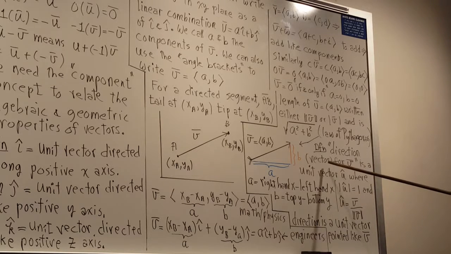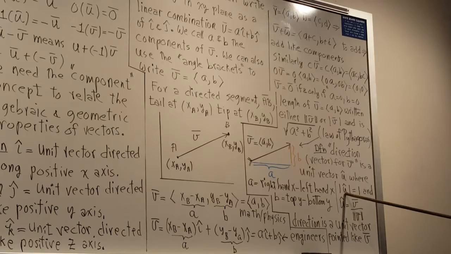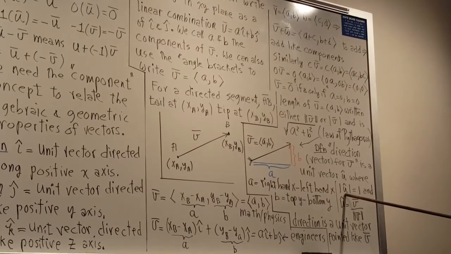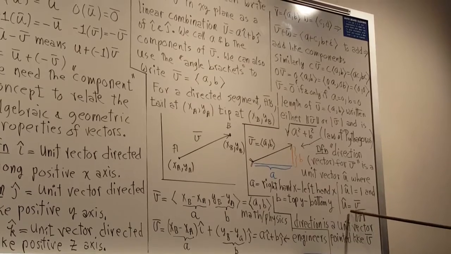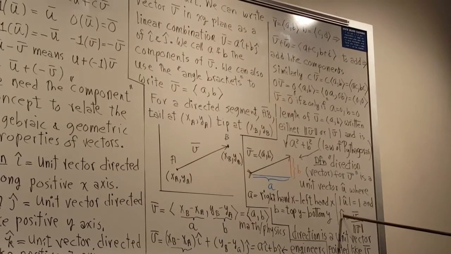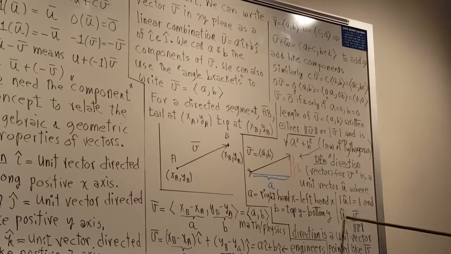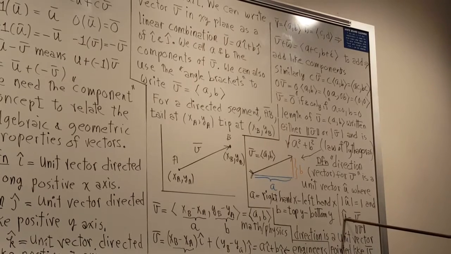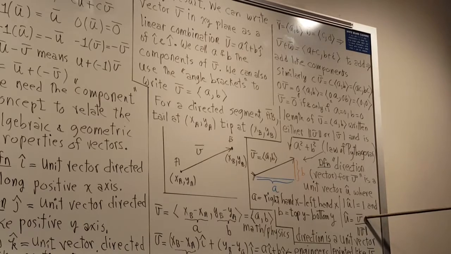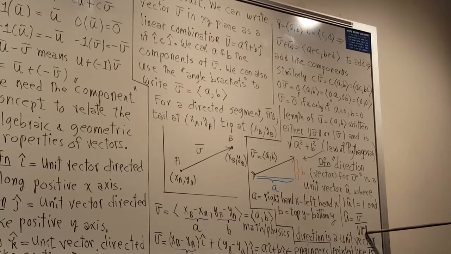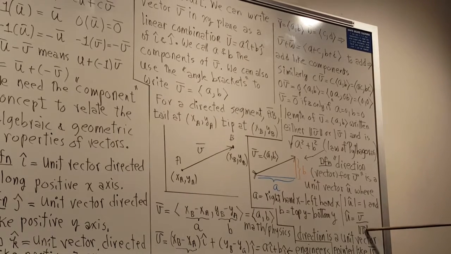So the direction vector for V is a unit vector, where the length of the unit vector is 1. That's why you call it a unit vector. And so then the direction vector has length 1, and to get the sense of direction, it's V over length V. So this is a vector then.